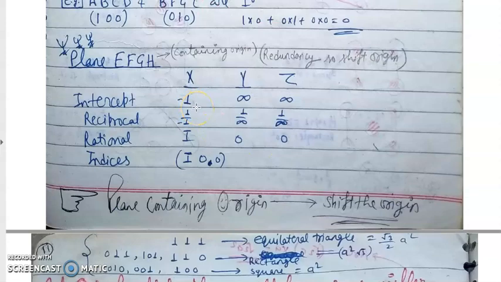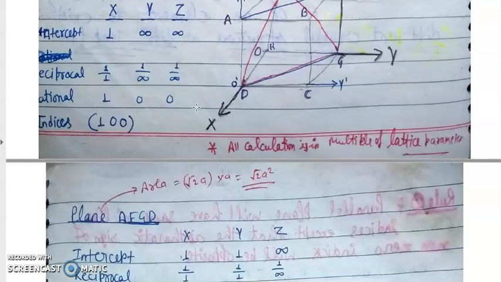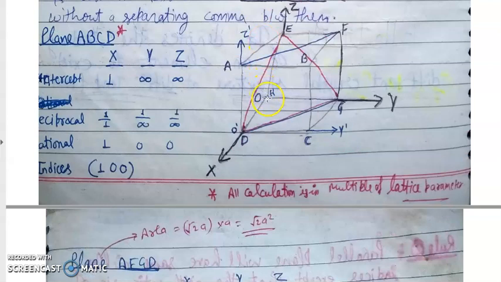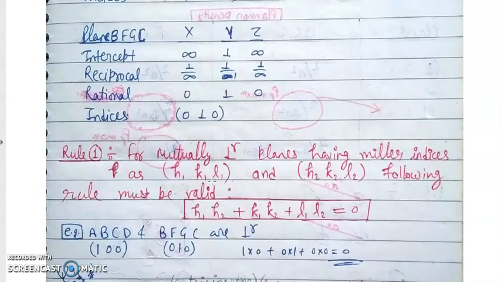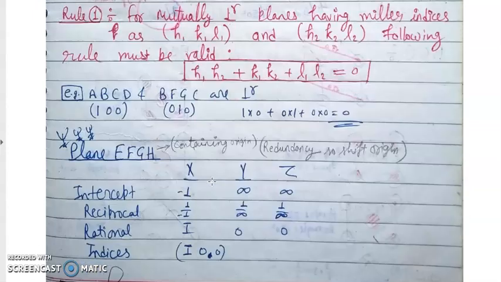As you have shifted the origin from one place to another, in the backward direction, I have taken this as a negative 1 in the direction of X. So this will be a -1 intercept, and the others are not lying on the plane, Y and Z, so these will be infinity and infinity.